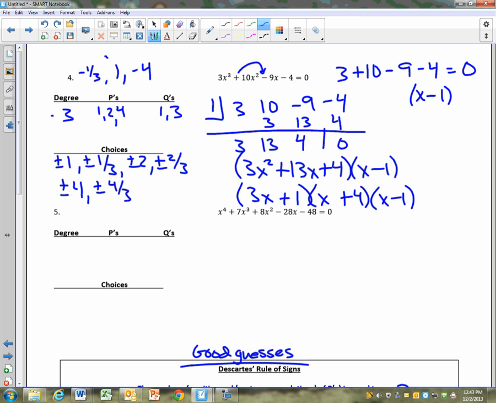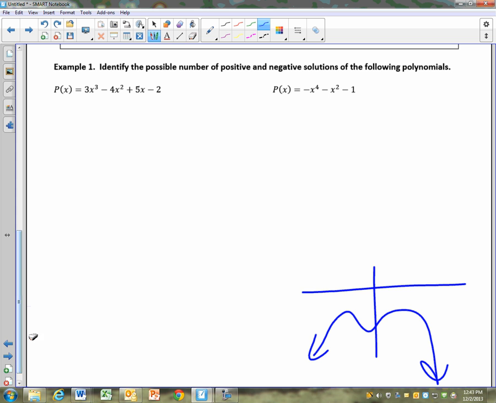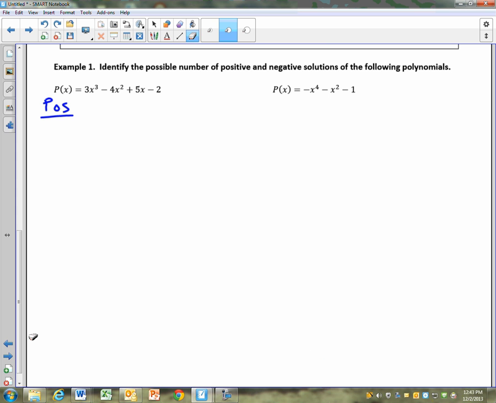So let's try an example. I go from positive to negative. Is that a sign change? Yep. Then I go from negative to positive. Is that a sign change? And I go from positive to negative. Is that a sign change?